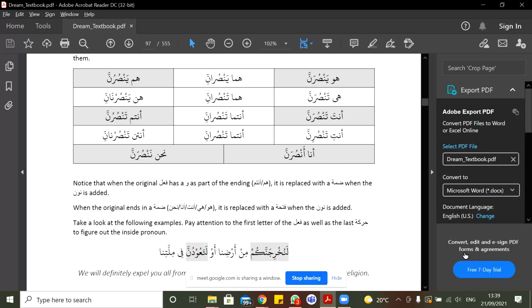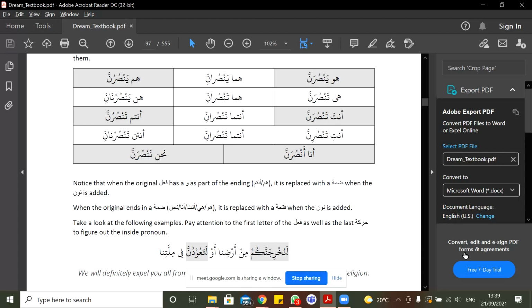Yes, la is added, I think. Because you cannot say la is added until you find that there is a noon additional, because you do not know the original word, right? We don't know the original word, so we have to first dissect what is the attached part.